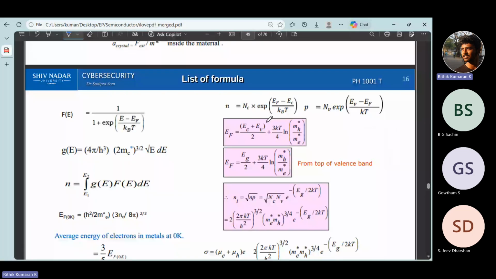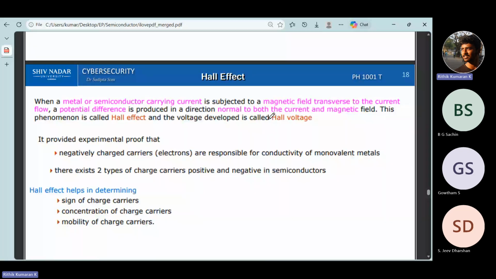Hall effect. There's no need for any derivation. Just understand what the Hall effect is. Basically, there is a semiconductor or a metal, and you are passing a current through it. You subject this current carrying semiconductor or metal to a magnetic field which is transverse to the current flow.